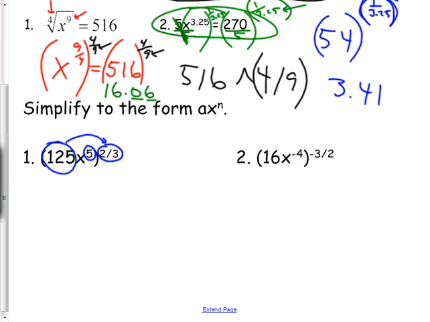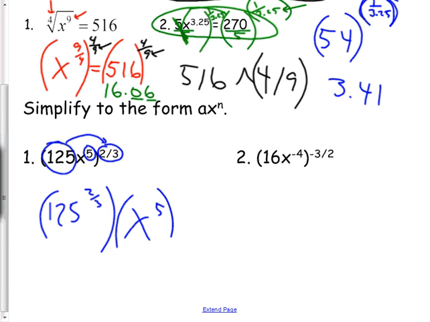All right. So when you're all done, whatever 25 to the 2/3 power is, I can do it in my head. I don't know if you can. 125 to the 2/3. And the other part of the answer is x to the 5th to the 2/3. Kind of like distributing it.